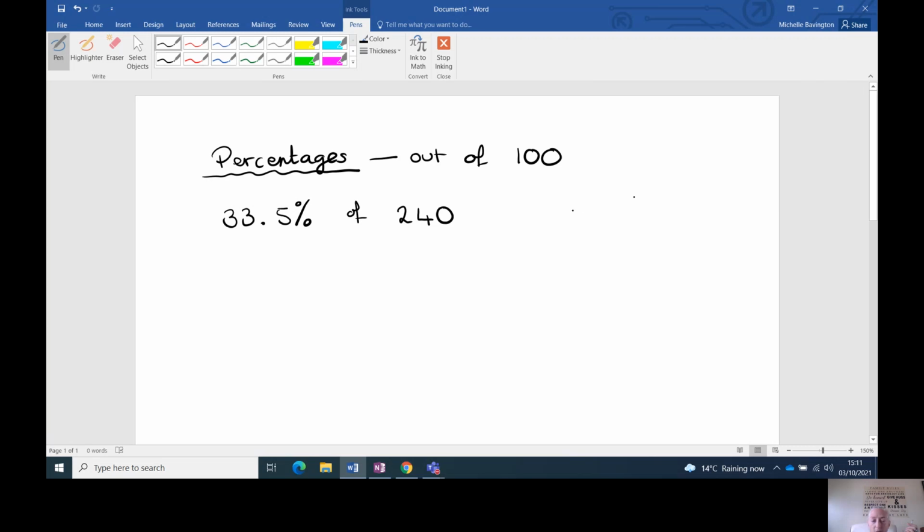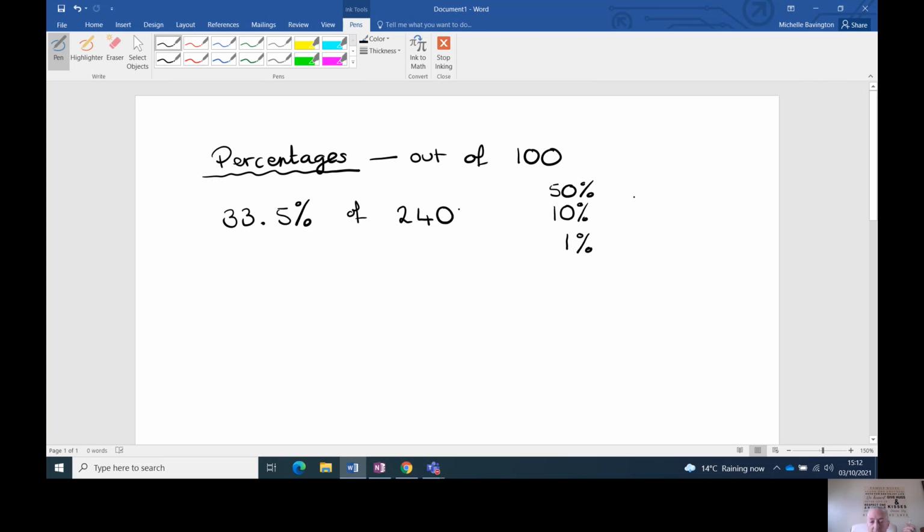Right, so I'm first of all going to look at my bases. 10%, 1%, 50%. Now, to find 50, we halve it, okay?